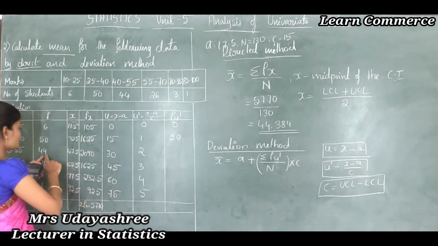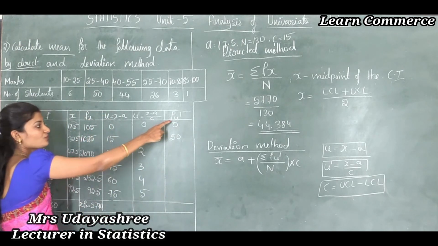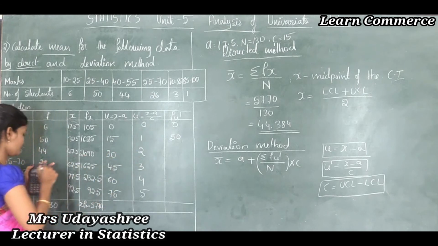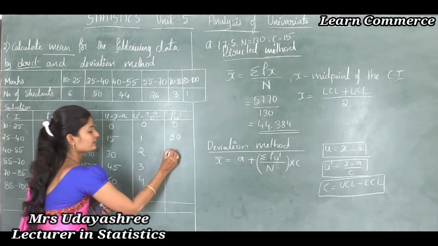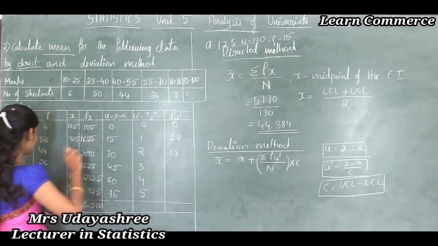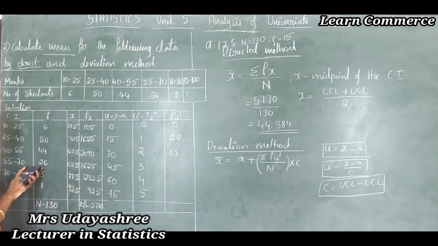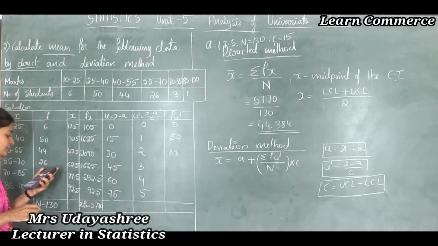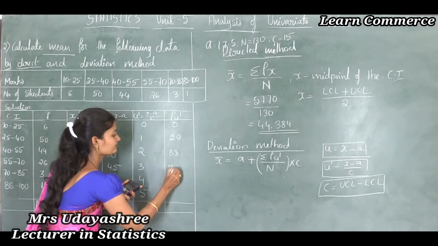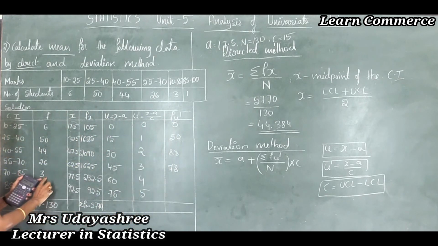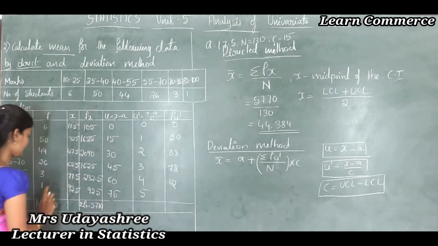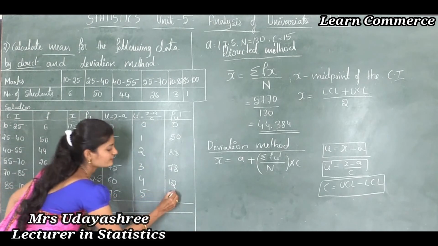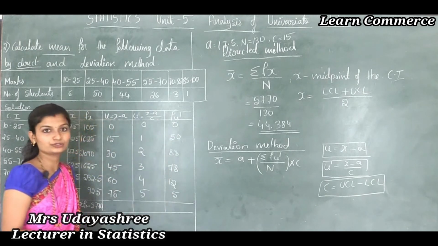Next f is 44, into u dash 2, so 44 into 2 is 88. Next f is 26 into u dash 3, so 26 into 3 is 78. Next f is 3, 3 into 4 is 12. Next 1 into 5 is 5. So these are f into u dash.